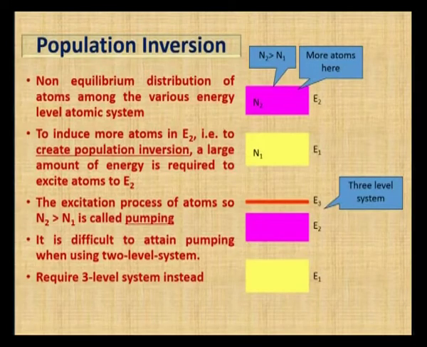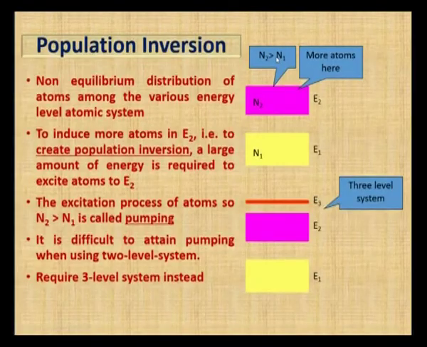The very first thing we need to know is inversion. In the inversion process, the population of atoms in the higher energy level is greater than in the lower energy level. In general, for laser action, the population in the higher energy level should be more than the population in the lower level.